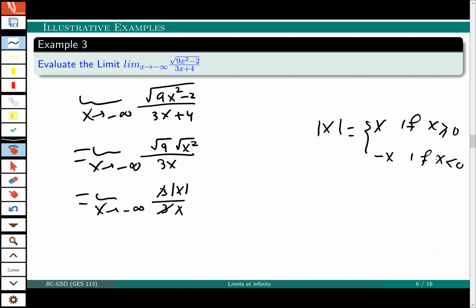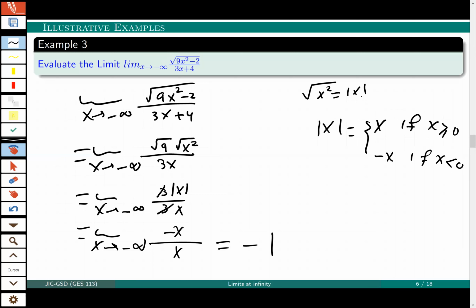Now, x at minus infinity is negative, so absolute value of x is minus x over x, which is equal to minus 1. Remember always, square root of x squared is absolute value of x, because the rule says the following: nth root of x to the power n is absolute value of x if n is even.